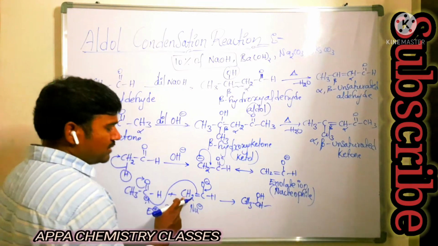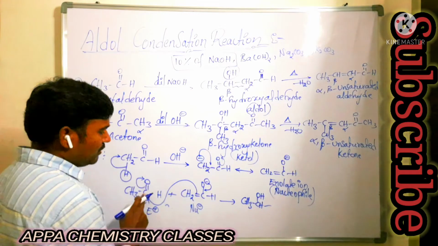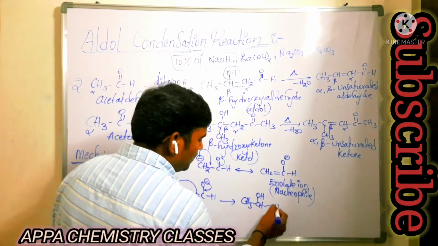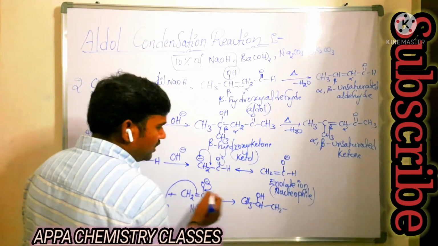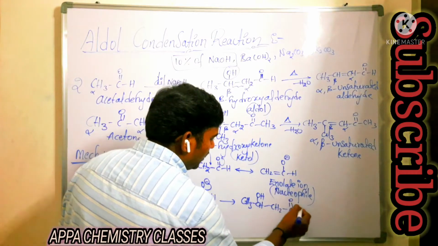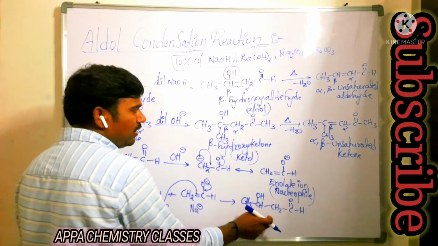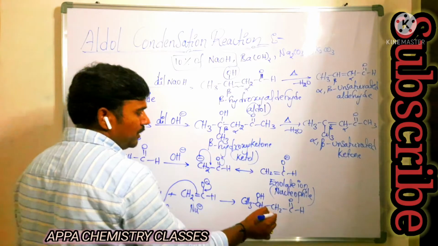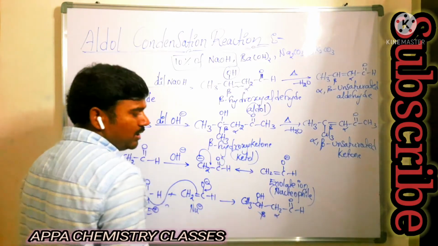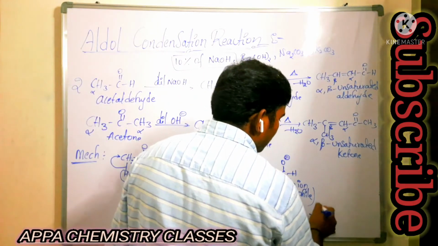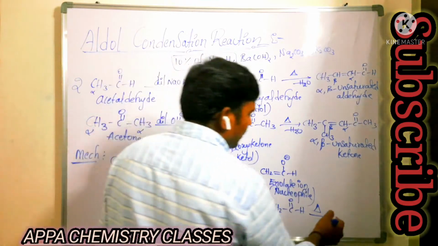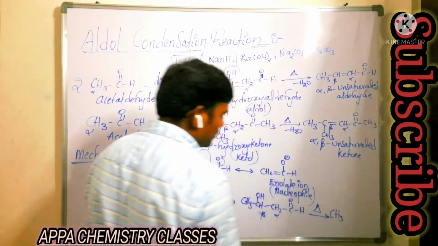Similarly, this CH2 forms a bond to this carbonyl carbon, CH2, C double bond O H. So that is what we are getting, aldol. Aldol, a beta hydroxy aldehyde, we are getting.